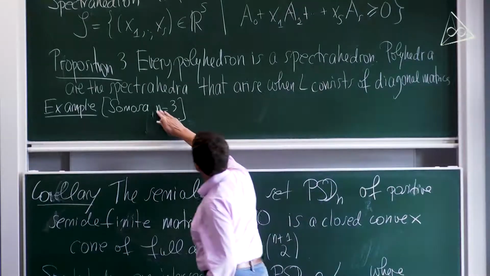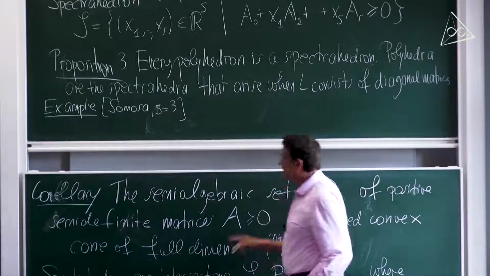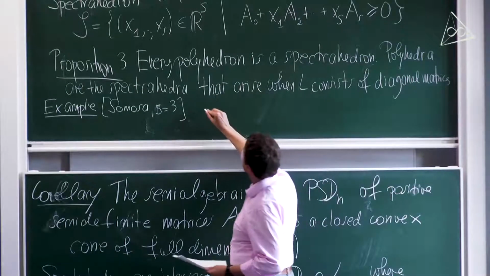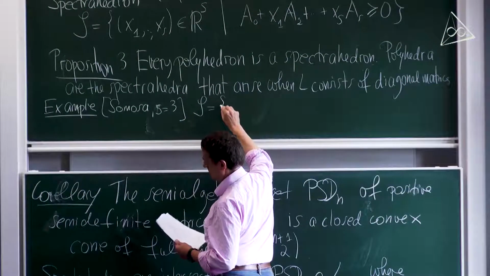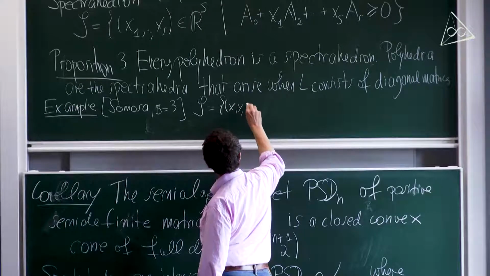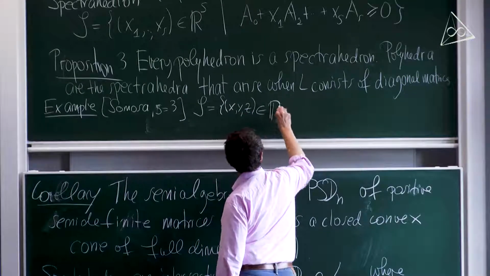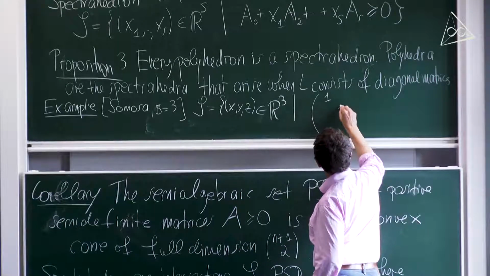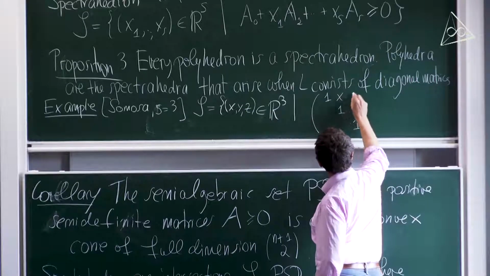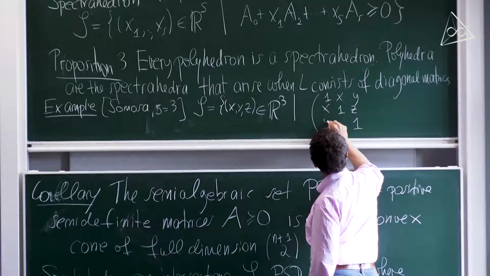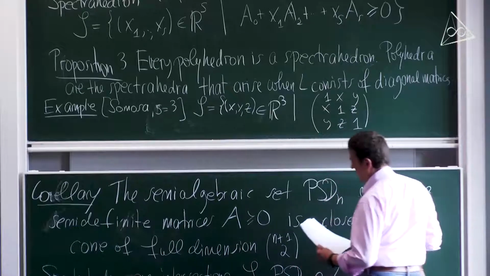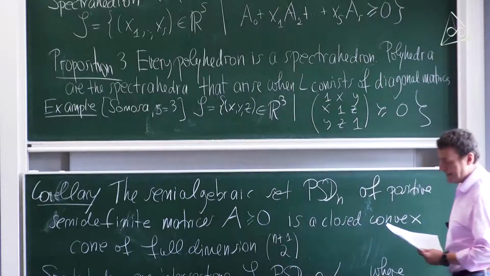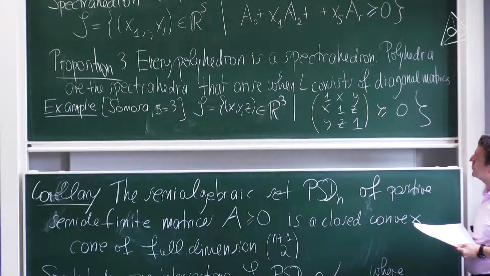Actually, I should maybe write s equals 3 to be consistent with the notation up here. So S for spectrahedron or samosa. This is the set of all x, y, z in 3-dimensional space such that the matrix that has 1s on the diagonal and unknowns in the off-diagonal positions is positive semi-definite. Okay? So this is the samosa.